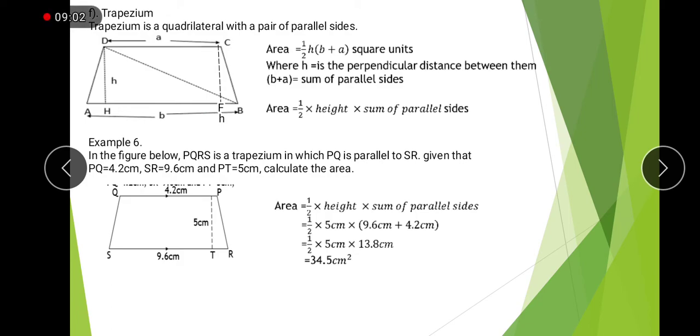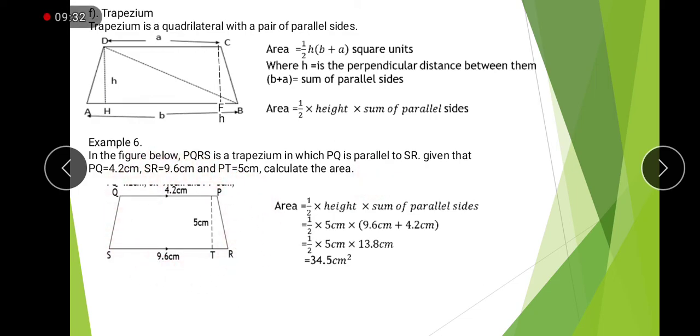Now, example: in the figure below, PQRS is a trapezium in which PQ is parallel to SR. Given that PQ is equal to 4.2 centimeter, SR is equal to 9.6 centimeter, and PT is equal to 5 centimeter. Calculate the area. Now we have this figure here.